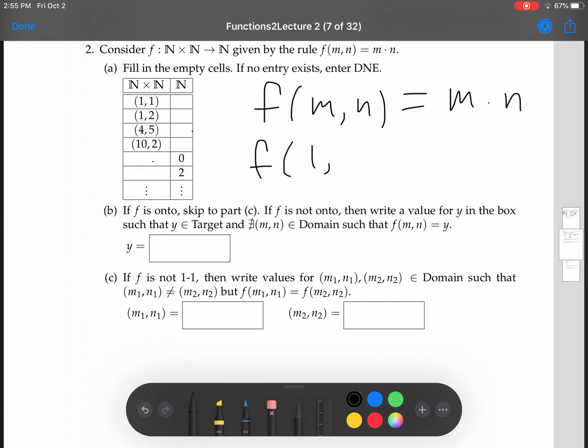So f of (1, 1) is 1 times 1, or 1. f of (1, 2) is 1 times 2, or 2. f of (4, 5) is 4 times 5, which is 20. f of (10, 2) is 10 times 2, which is 20.